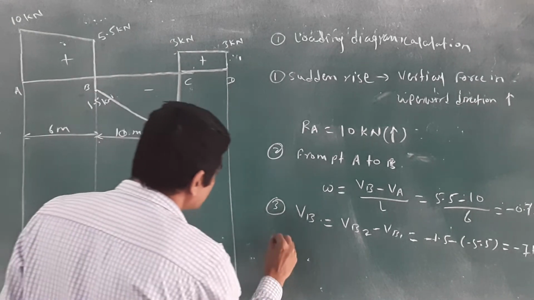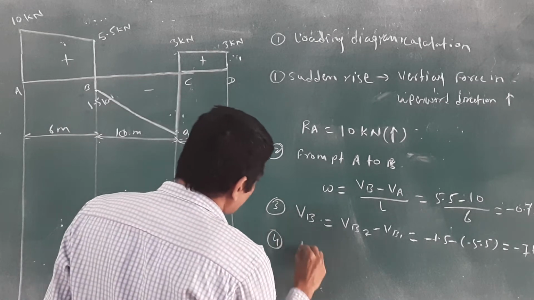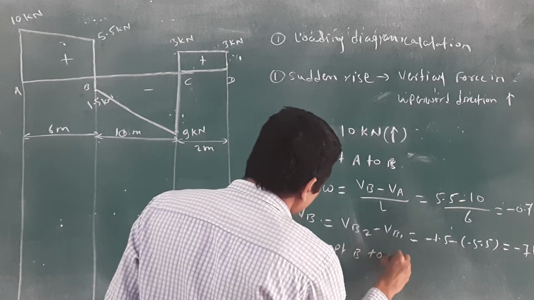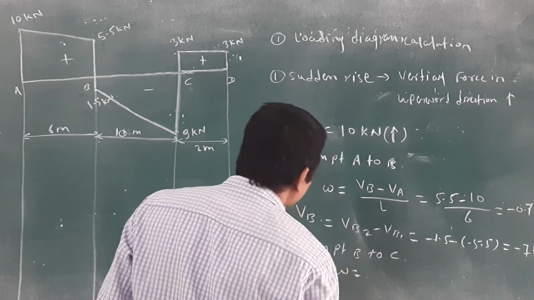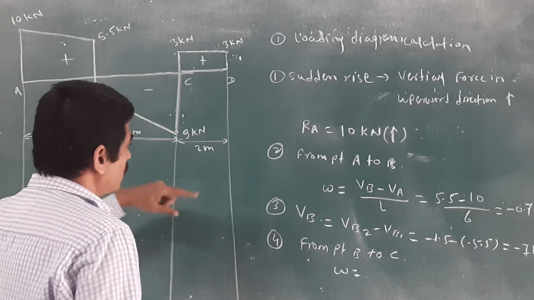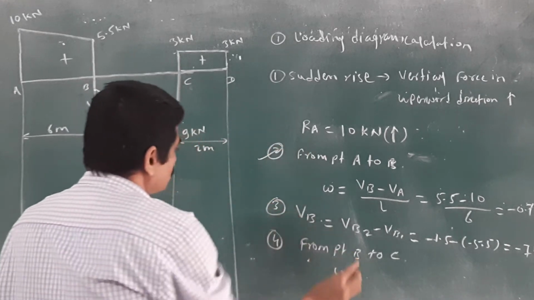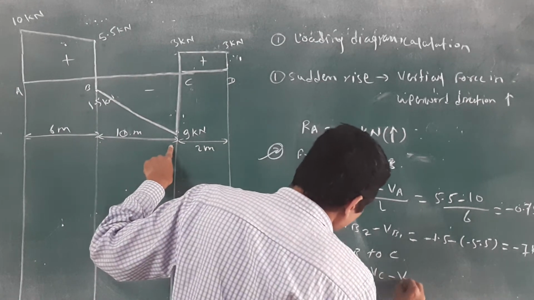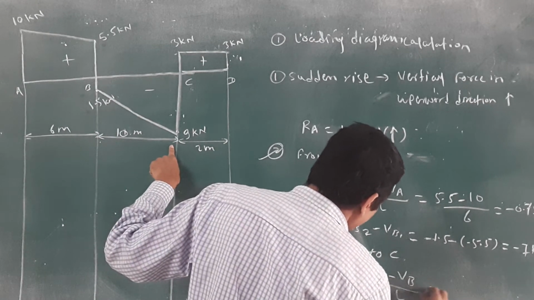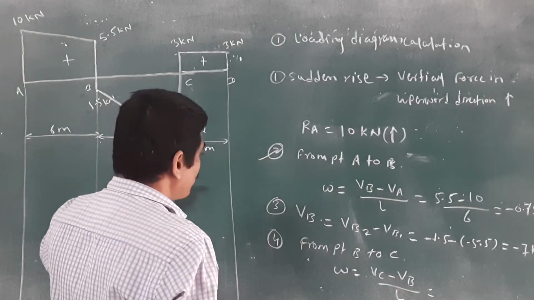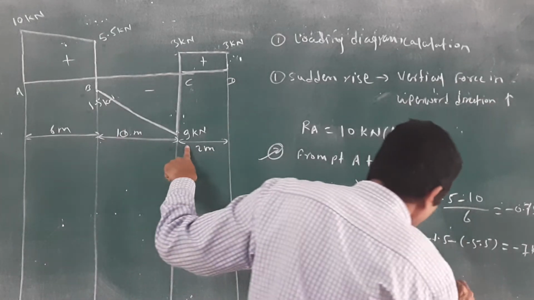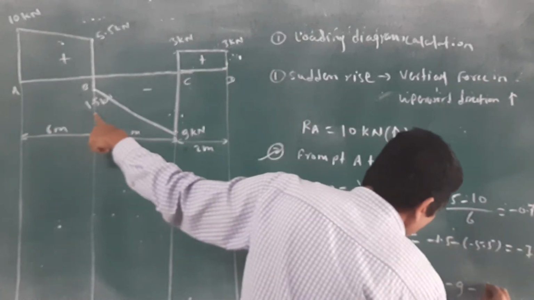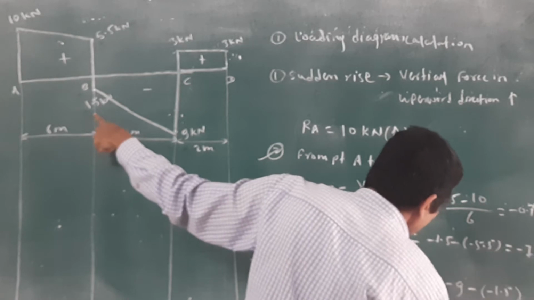And again check that from B to C we have a linear decrease. Then we want to calculate the value of W from point B to C. How to calculate? As we have seen before, it is VC minus VB divided by L. What is the value of VC? Minus 9 kN. What is the value of VB? Minus 1.5 kN.